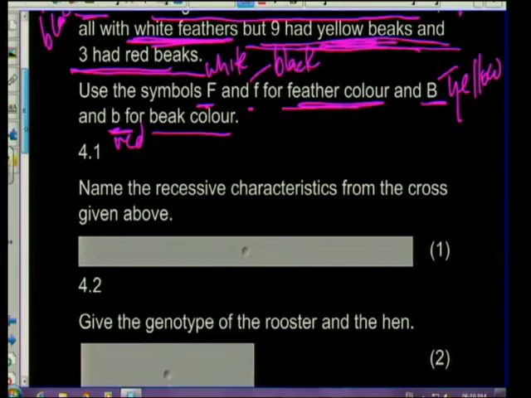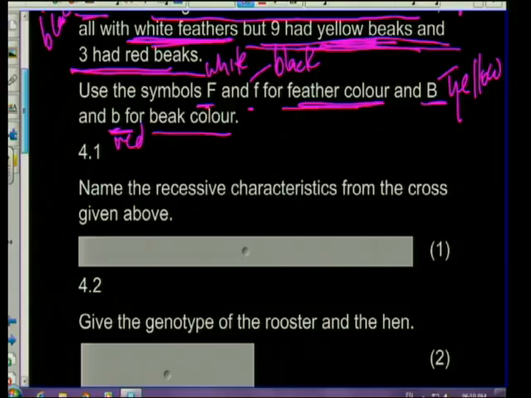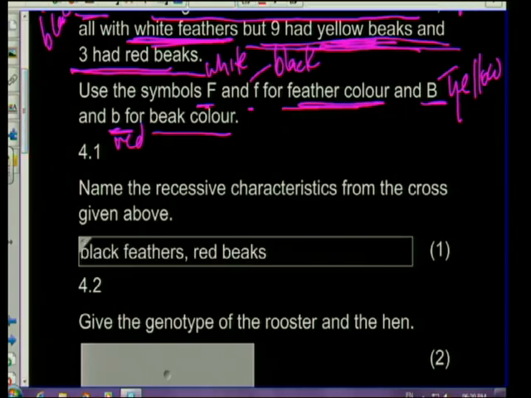Name the recessive characteristic from the cross given above. What is recessive? Recessive means the one that does not show up if they're together. So in terms of feathers, it will be black, and in terms of beaks, it would be red.